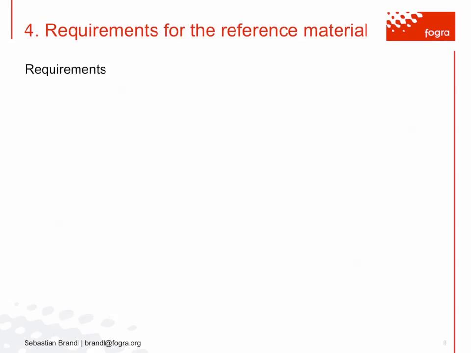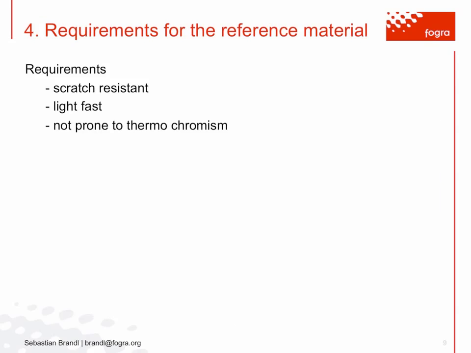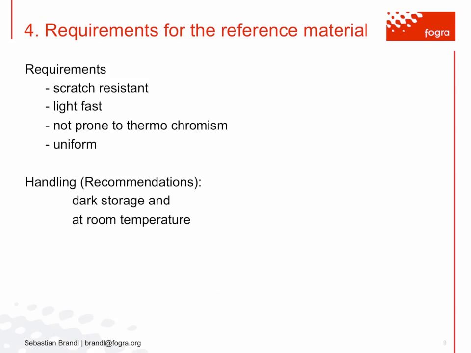Therefore, in order to trace the majority of the findings back to the measurement, we need to have very rigid definitions and requirements of our reference materials. Like it should be scratch resistant, light fast, and not show big color differences when the temperature is changing. And it should be uniform, of course, which can be checked practically if you just do a lot of measurements and see what is the variance or the standard deviation of, let's say, the L, A and B values. The handling is also very important.